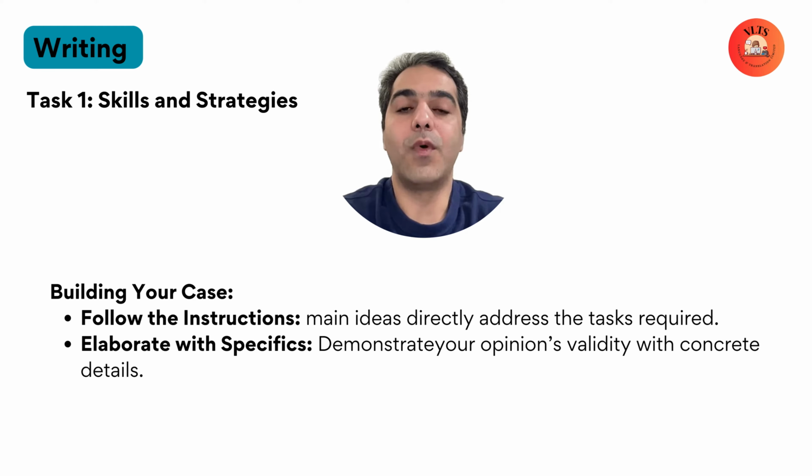Also, be more specific when you're elaborating on any points. It means do not just state your opinions. Also, add more salt and demonstrate its validity with concrete details. This is where mentioning real places, people, and situations can be powerful and helpful at the same time.